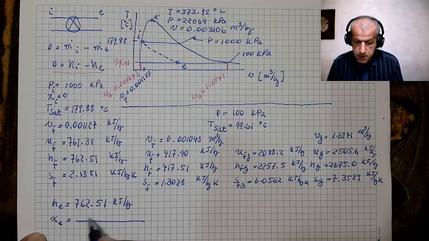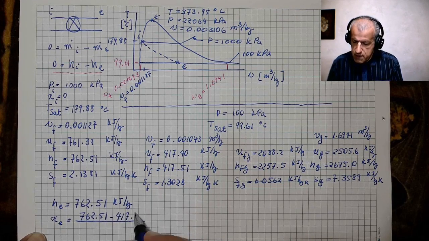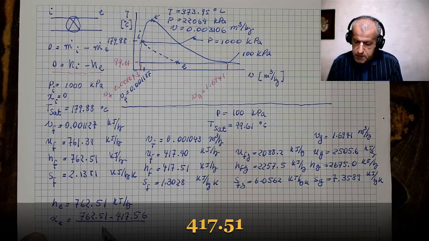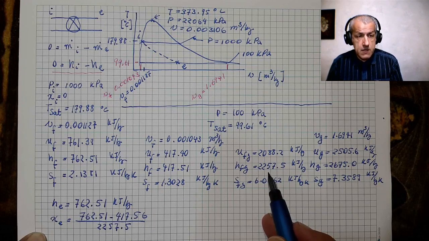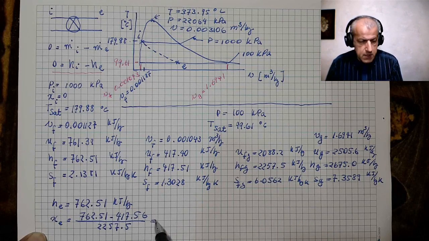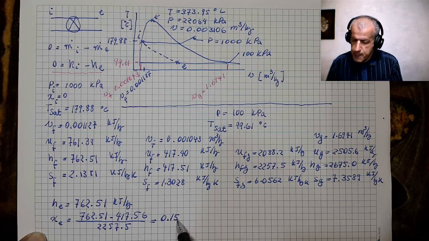So what we do is to calculate quality from this value. XE would be 762.51 minus 417.56 and divided by 2257.5, which is HFG for 100 kilopascals, and the outcome would be 0.1528.